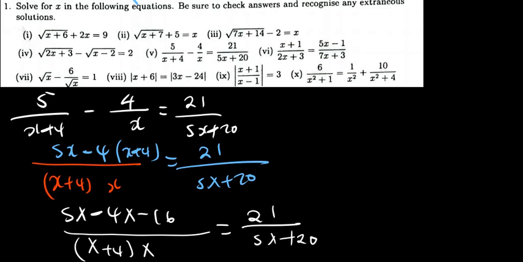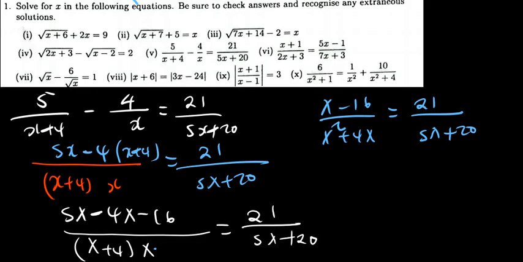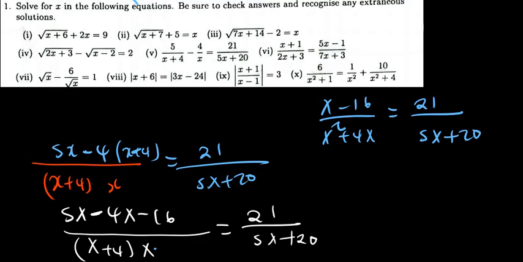At this point, I can clearly see that 5x minus 4x is going to give me x. So I have now x minus 16 divided by, if I want, I can also expand this. I'll say x times what is inside. So x times x is x squared. x times 4 is 4x. Should be equal to 21 divided by 5x plus 20. So I can get rid of this.